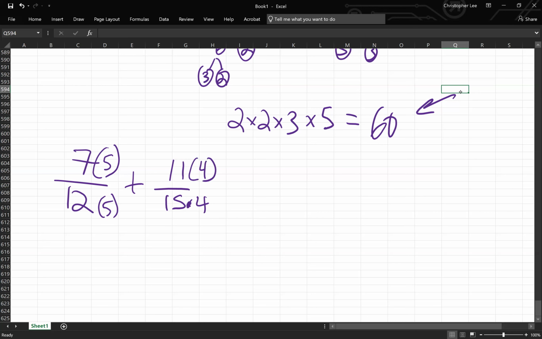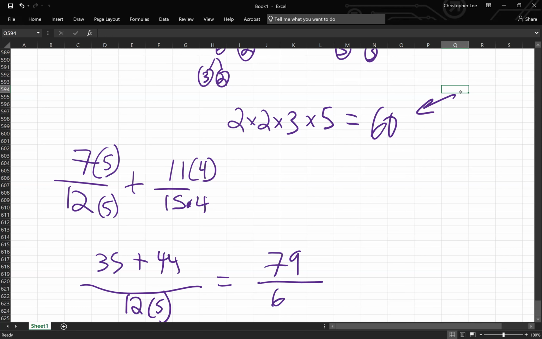Now just a little bit of math. 7 times 5, 35 plus 11 times 4, 44. All over 60. All right. Little math, something like that. Right? Questions on this?